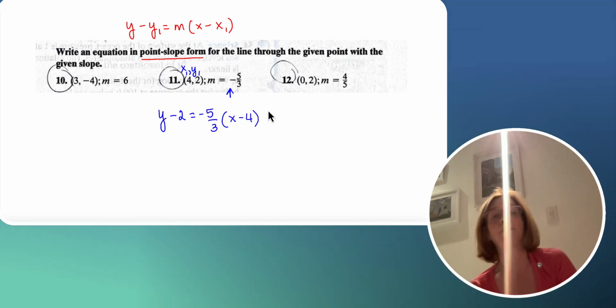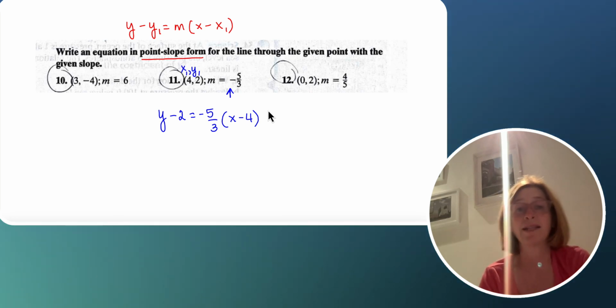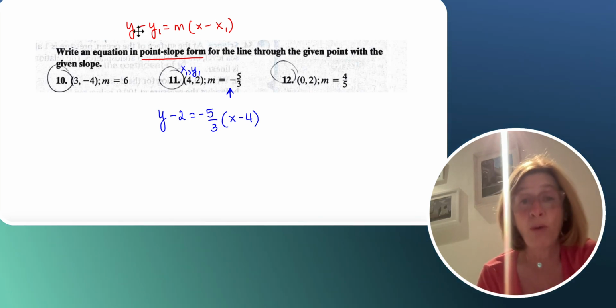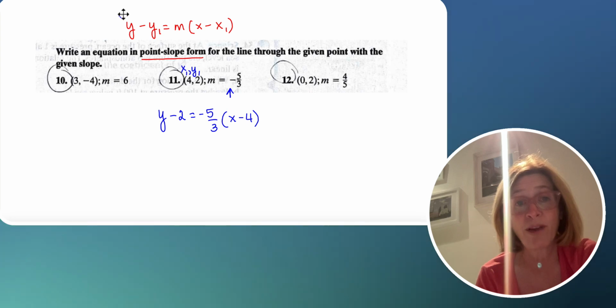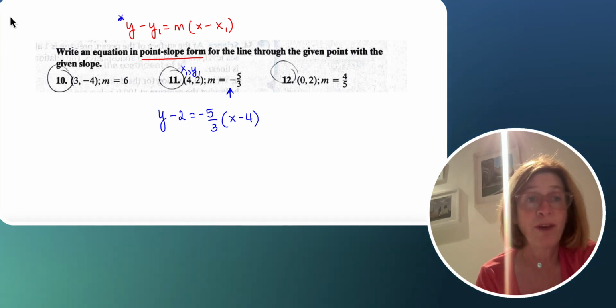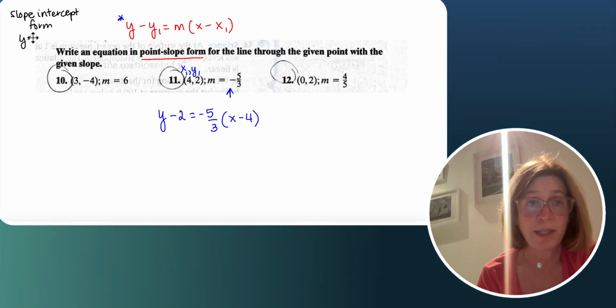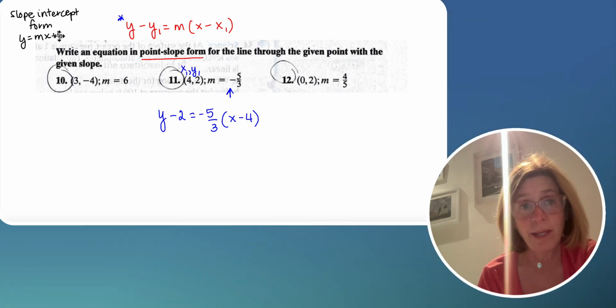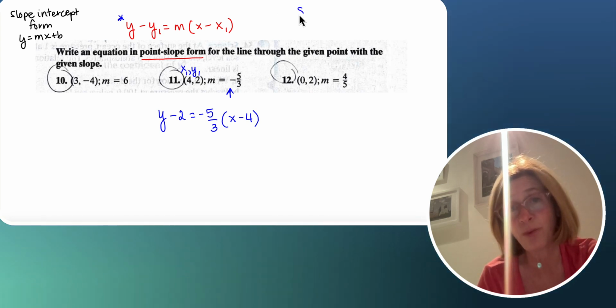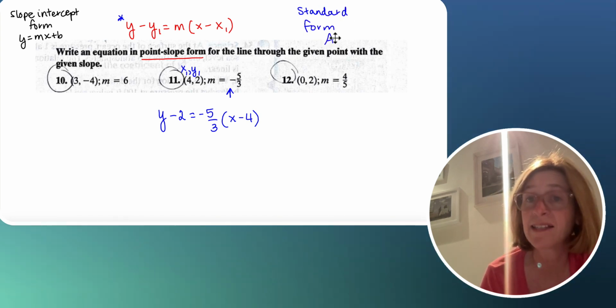It's really that simple. The hardest part is that you have to recognize that there are several different forms of linear equations. We've got point slope form, we've got slope intercept form, which is y equals mx plus b, and then you're also learning about standard form, which is ax plus by equals c.